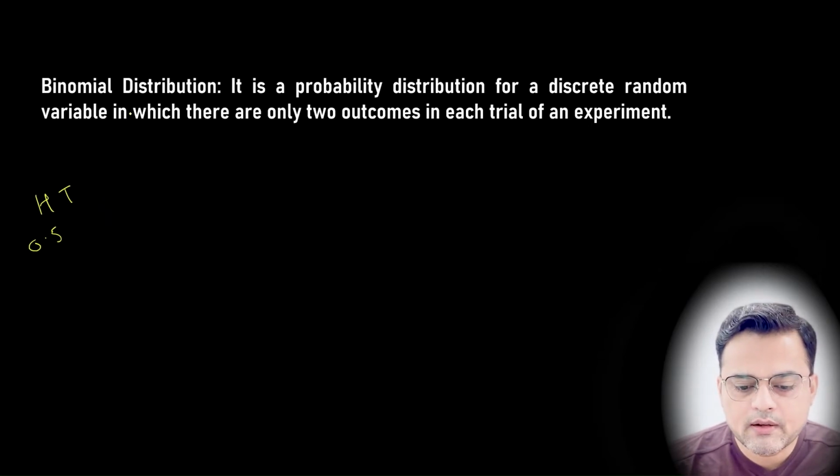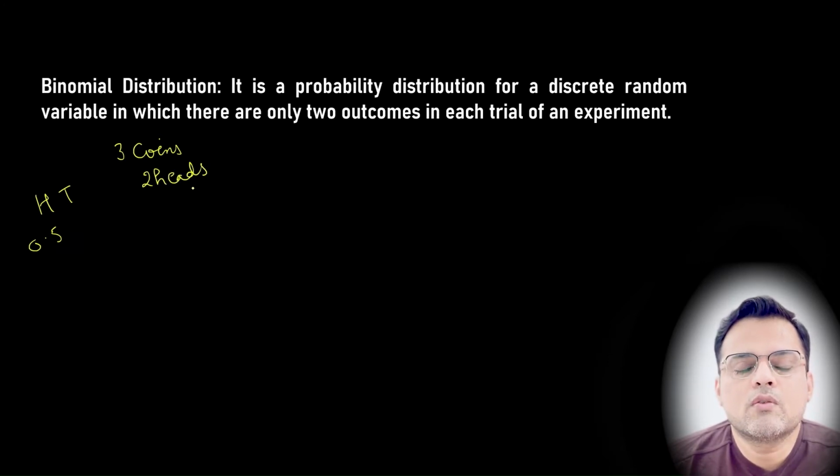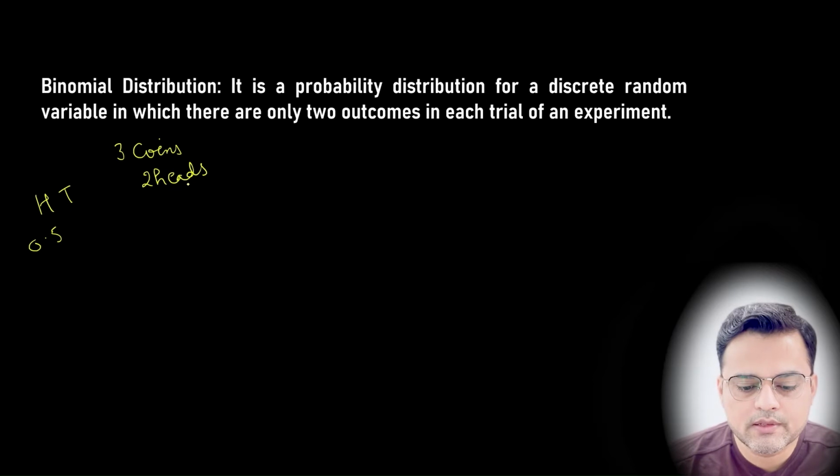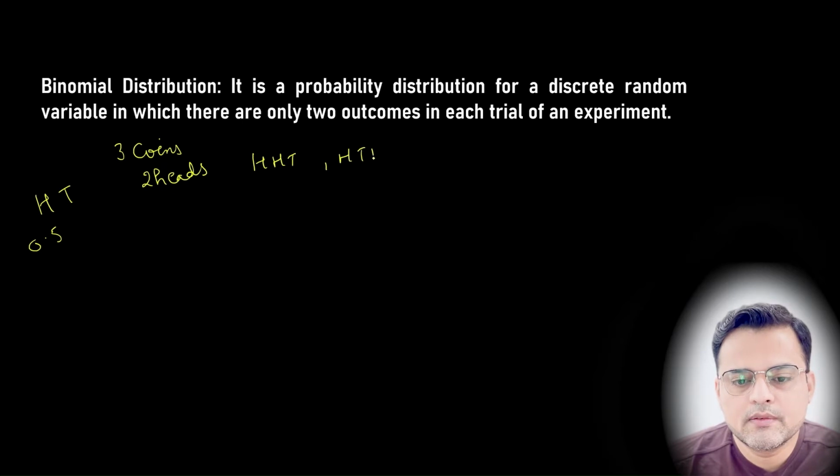Let's say we are tossing three coins, and suppose we are interested to know the probability of two heads. In how many ways can we get two heads? We can get HHT or HTH or THH.